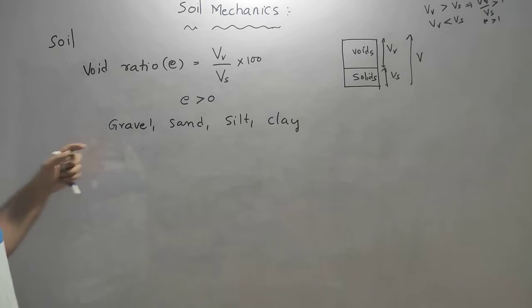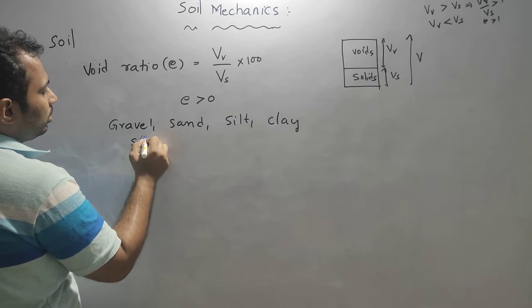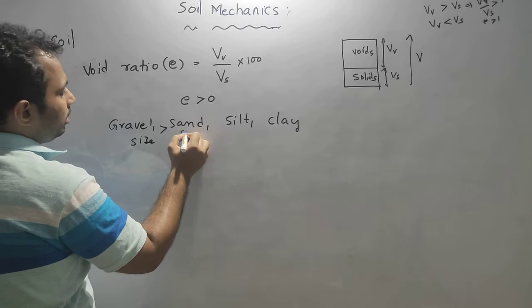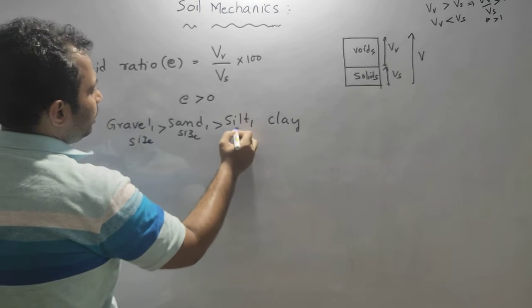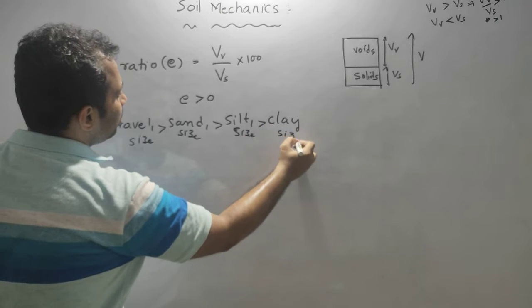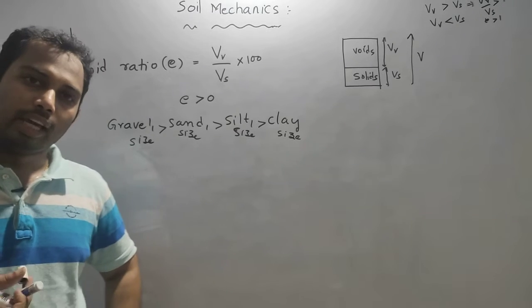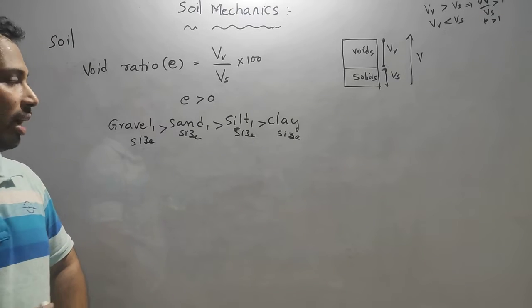Size of gravel is greater than sand size, is greater than silt size, is greater than clay size. Now what is the pattern of void ratio? If the size of the particles is increasing, what happens to void ratio?